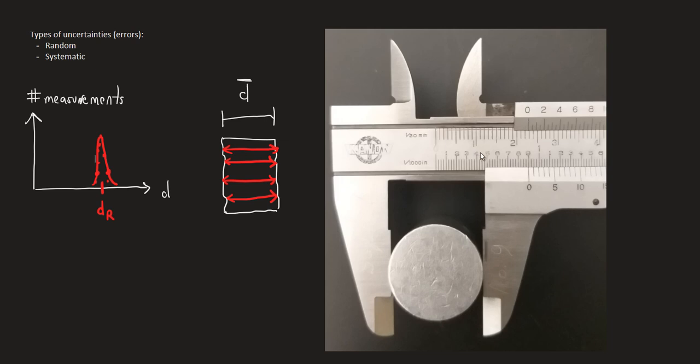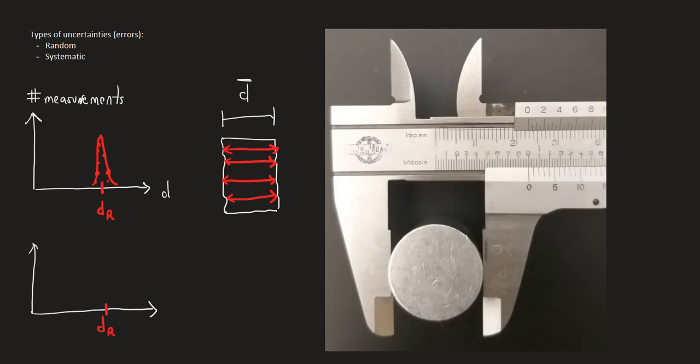But let's suppose that this is not the case. If that is not the case, we know that the cylinder has a real diameter, and this real diameter is here.